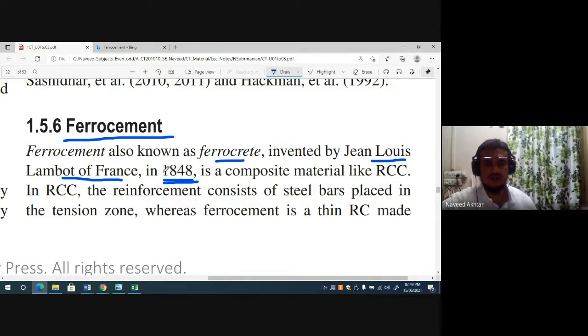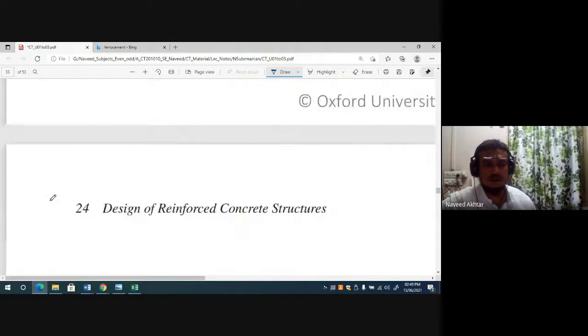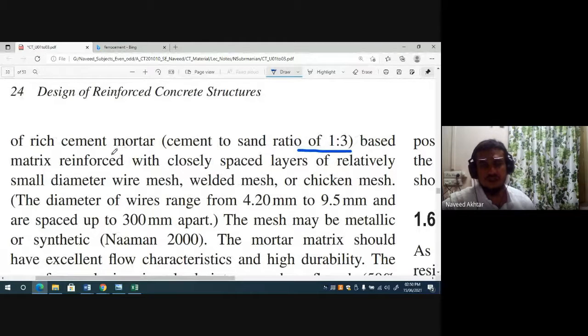It consists of steel bars placed in the tension zone, whereas ferrocement is a thin RCC made of rich cement mortar in a ratio of 1:3.